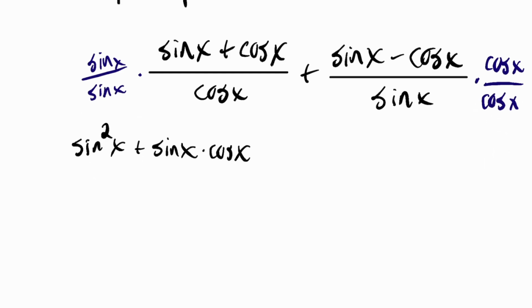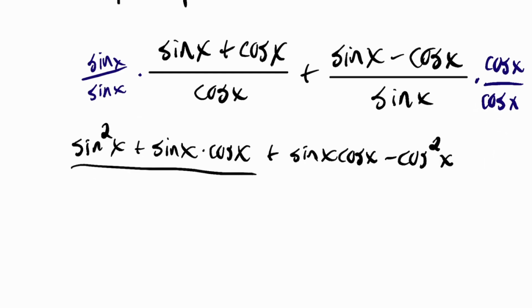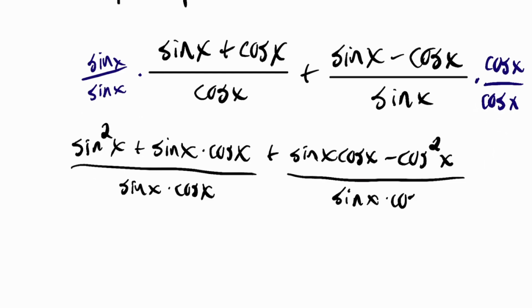Okay, so plus this will be sine x cosine x minus cosine squared x, and this is all over sine x times cosine x, and this one is over sine x times cosine x.